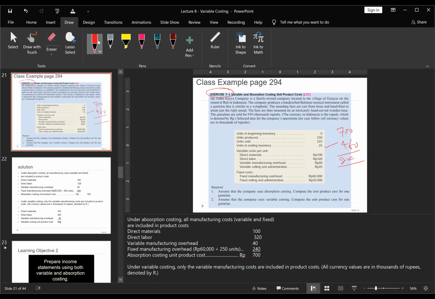The difference is 240. 240 multiplied by 25. I'm sorry, but where did the 460 come from? This is the variable costing we did in our 7.1, right? Okay, I understand.